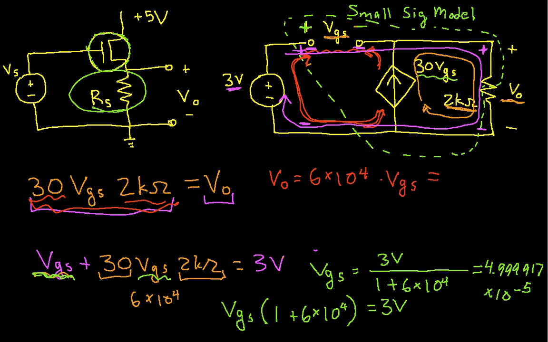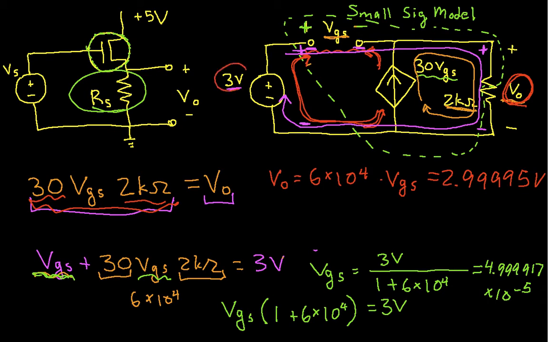And if I work this out, I get that V out is equal to 2.99995 volts. Okay, so what we found then is that this voltage here is 2.99995 volts.